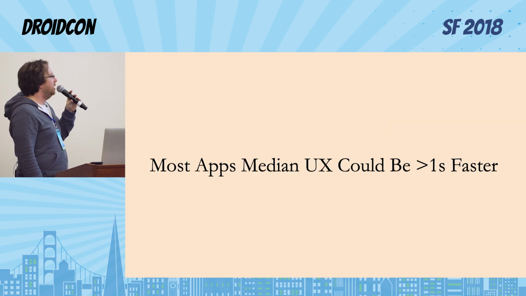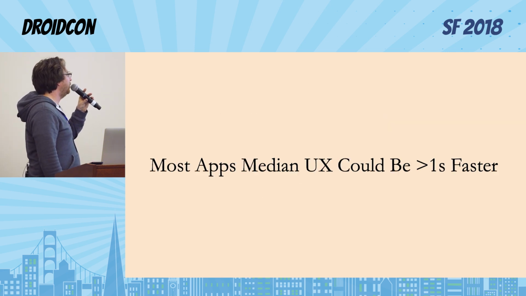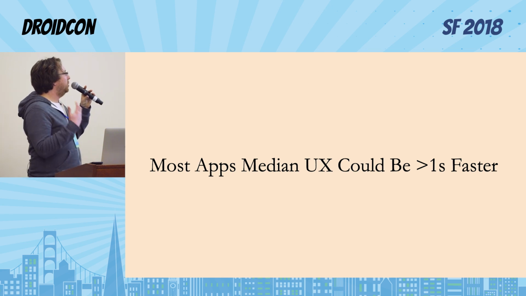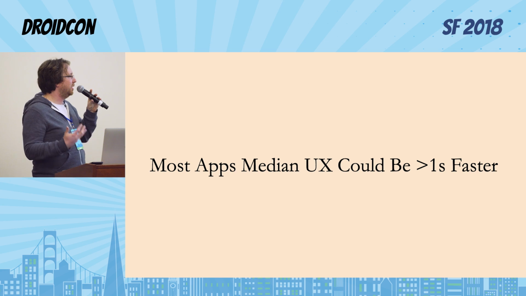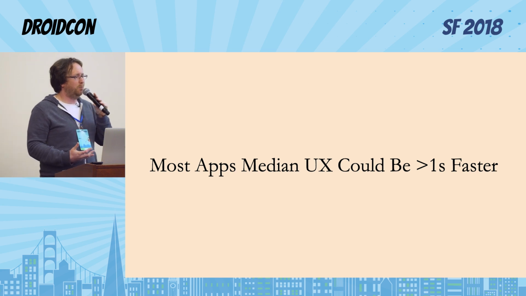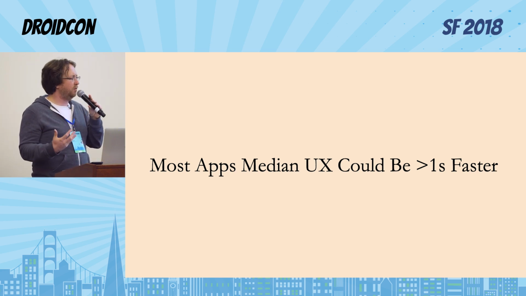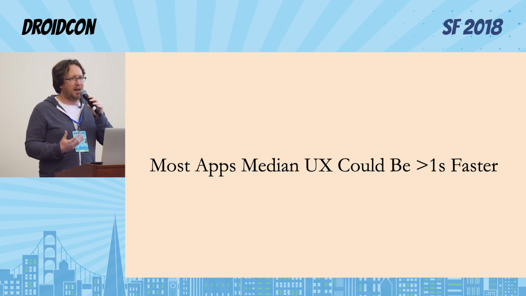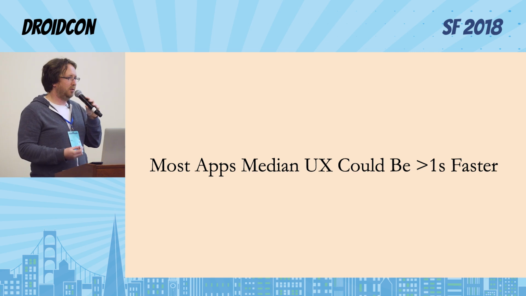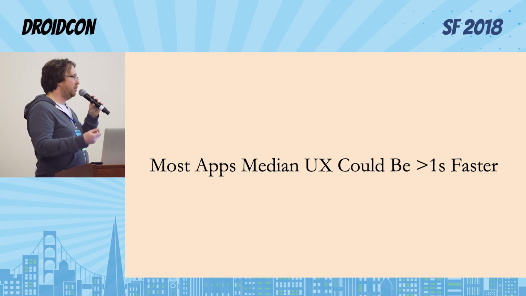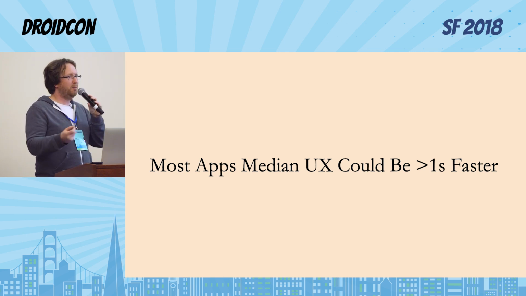So what we found through our study is that for most apps, the median user experience could be at least a second faster. So there's a lot of low-hanging fruit out there that can be optimized for most apps, most user flows. Having this type of data helps your team quantify, measure, and once you make a change, measure the impact of that change.